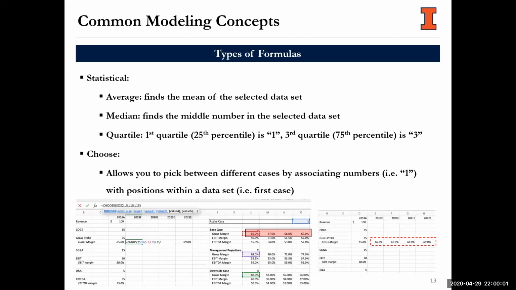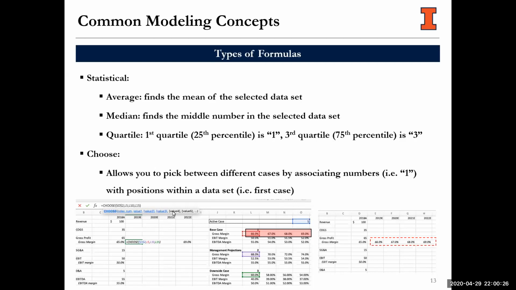Additionally, you have the choose function. The choose function allows you to pick between different possibilities. For example, equals choose, and then the first value is your index number, right? So if you see this 1 here, you provide equals choose, and it chooses whatever number is in this cell.